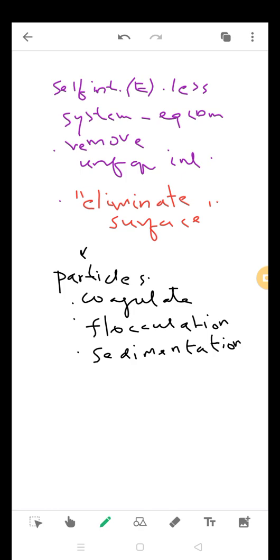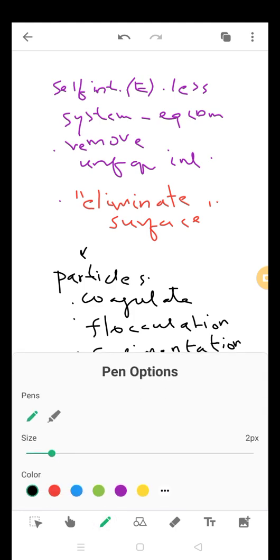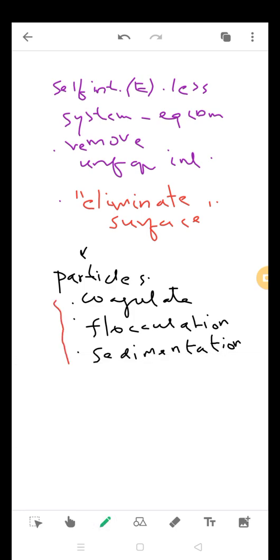Now we need to have control over all these things. That is what colloidal science is all about. And for the stability of colloids, we need to avoid this coagulation, so there has to be some stability associated with it.